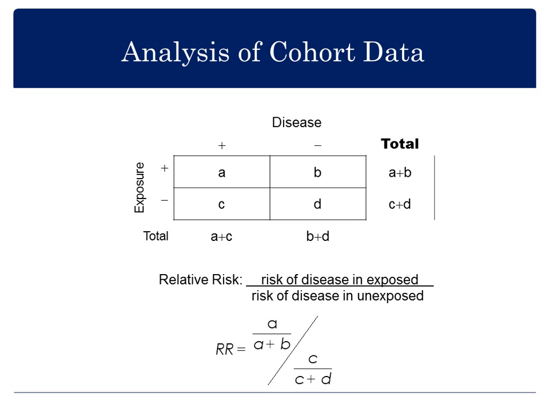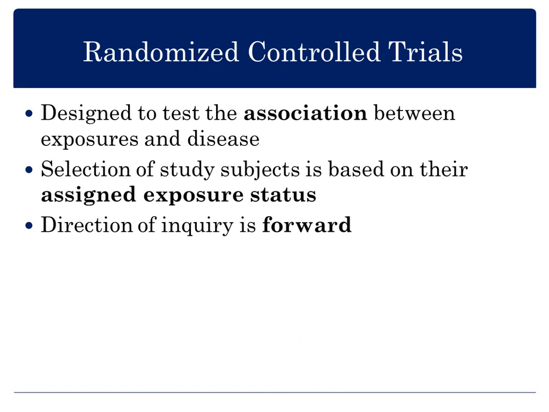If you get a relative risk of 1, then the risk is the same. If I get something greater than 1, then the risk is higher for those that are exposed and lower in those that are unexposed. That would indicate to me that there's an association between exposure and the disease.